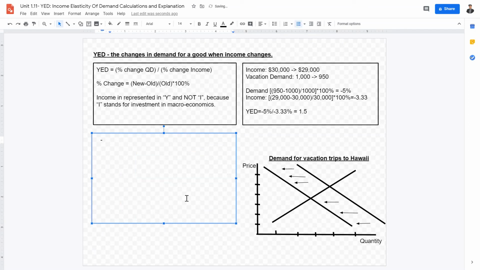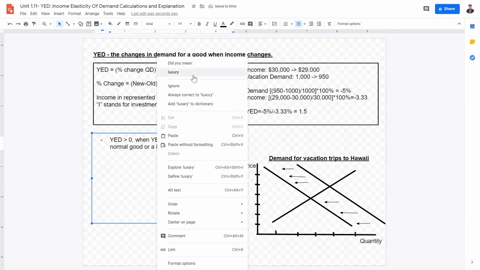Our next thing we want to talk about is the interpretation of YED. So when YED is greater than 0, when YED is positive, the good is a normal good or a luxury good.